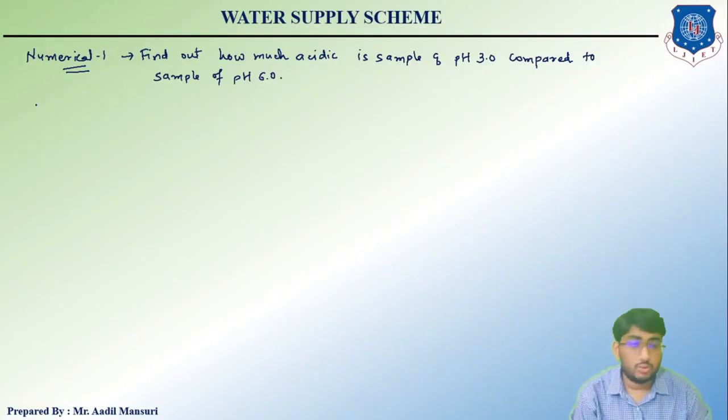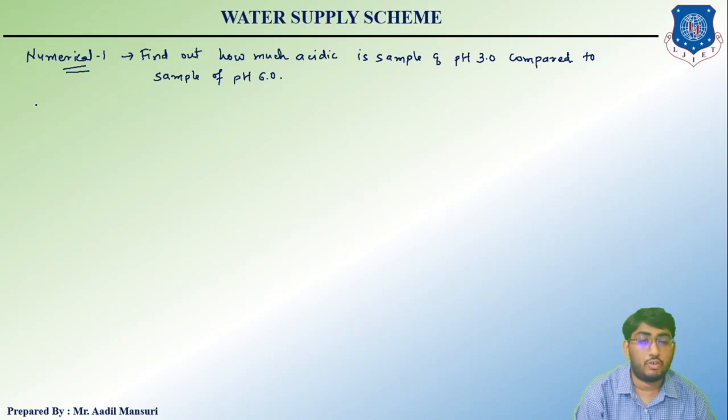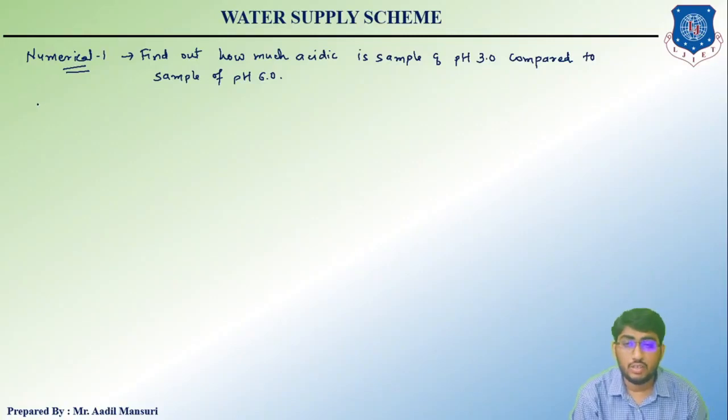If you say that a sample of pH 6 is twice that of the sample of pH 3, then it will be wrong. So how much acidic is the sample of pH 3 with respect to pH of 6? Let us find out.